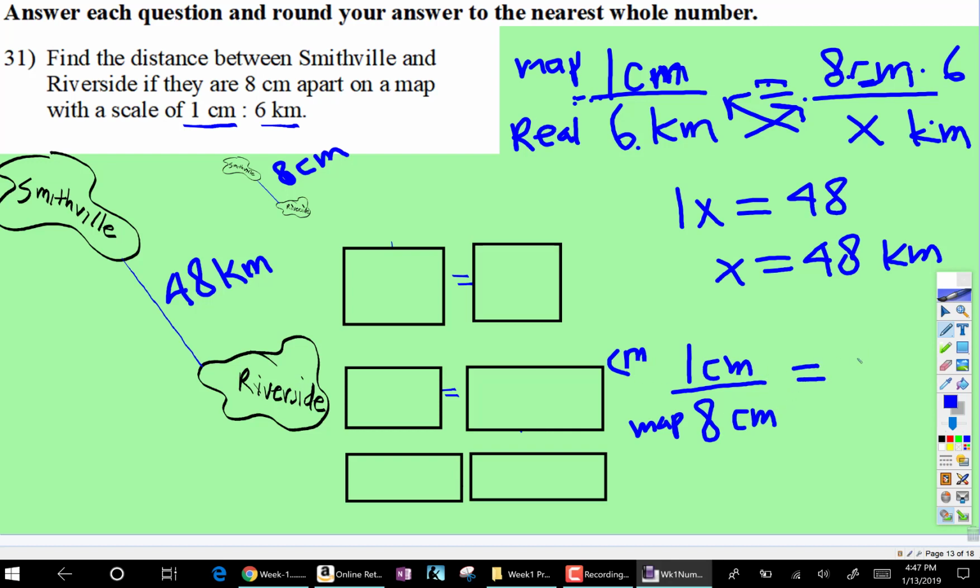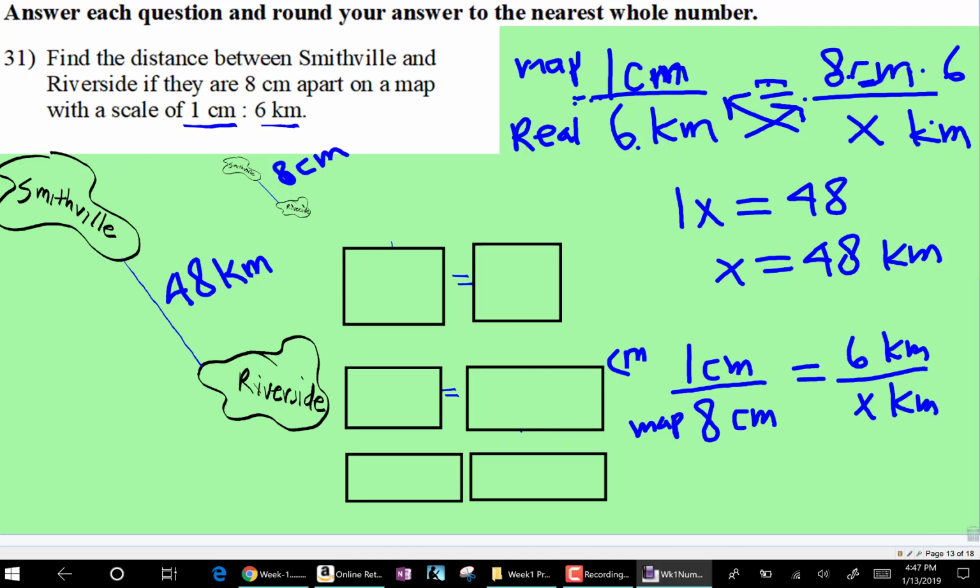Well, 1 centimeter compares to 6 kilometers, and we don't know how many kilometers, right? So when you cross multiply, you still get 1x is equal to 48 kilometers.